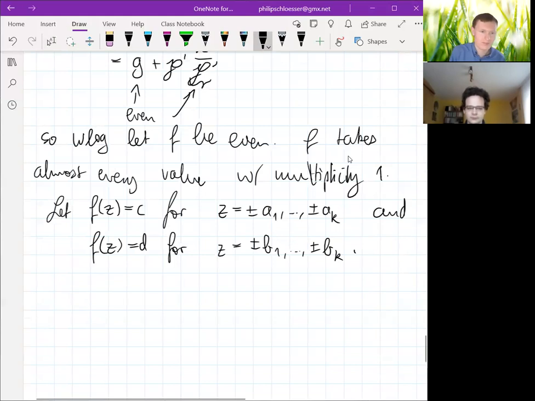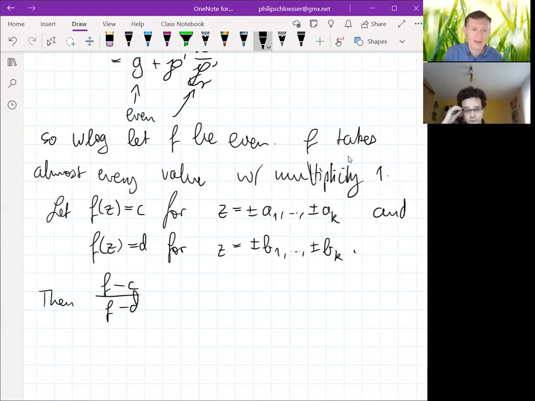Then the function f minus c divided by f minus d has just simple roots and just simple poles, which, yeah, is why we did all of that.